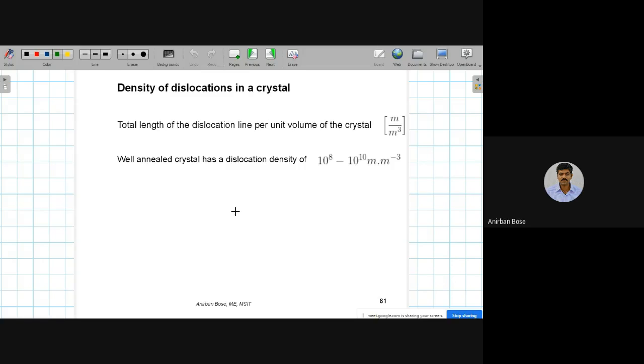But actually this is not so. Even in the annealed crystal, that means the well heat treated crystal, you will find that the dislocation density is on the order of 10 to the power 8 to 10 to the power 10 meter per meter cube. So you can understand that a huge length is defective. Huge defective lengths are still present even if it is well annealed.